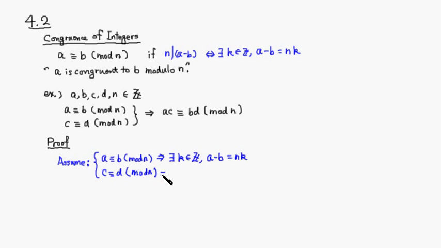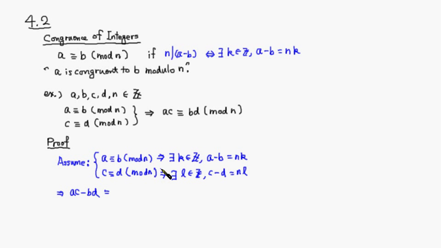This implies that there exists some integer L such that C minus D is equal to n times L. Then what we need to do is show that the difference between AC and BD is a multiple of n. So we need to consider AC minus BD.